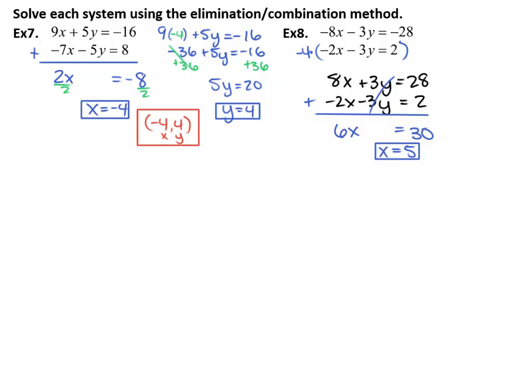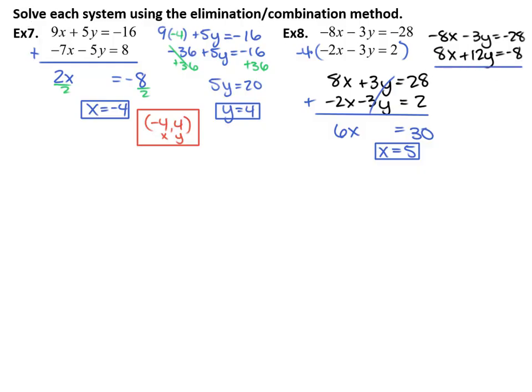That would give me positive 8x, negative 4 times negative 3 is positive 12y, and negative 4 times 2 makes negative 8 on the right. So this is my new second equation when I multiply both sides by negative 4. And this is the original top equation where nothing is changed.